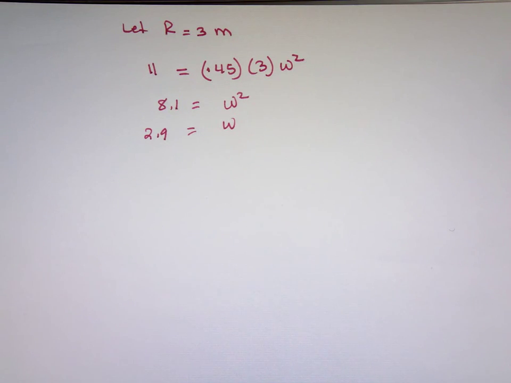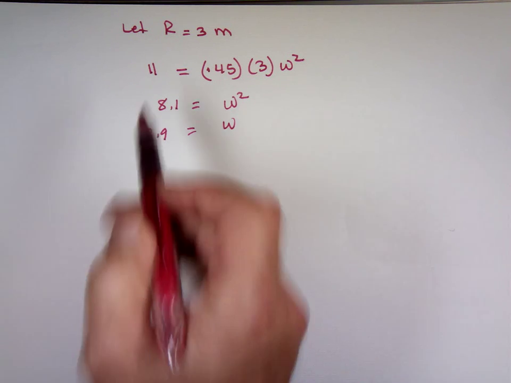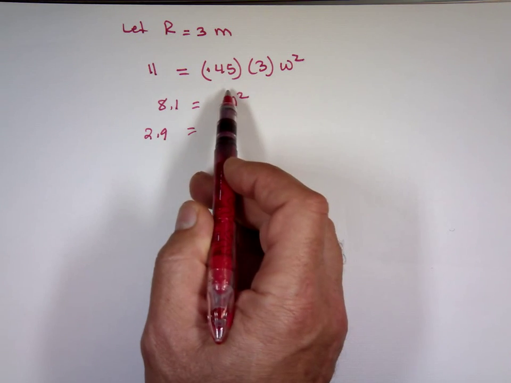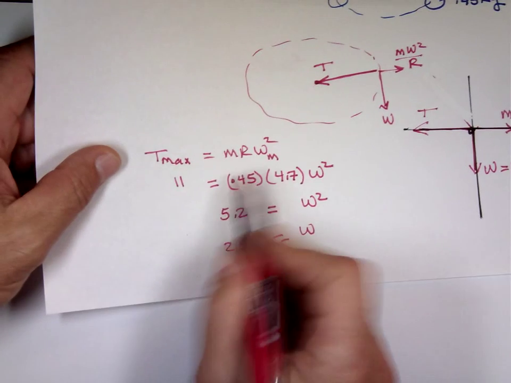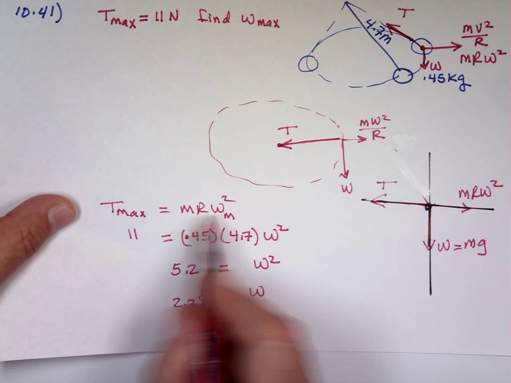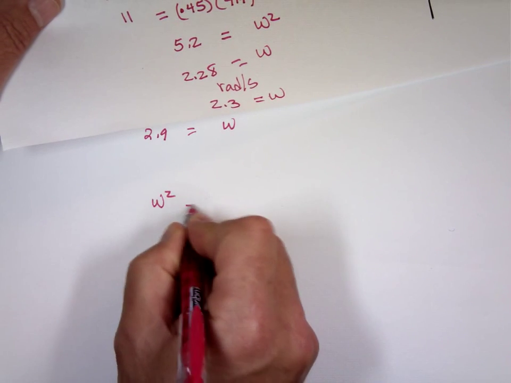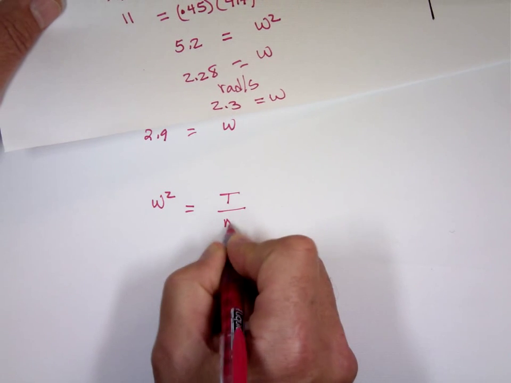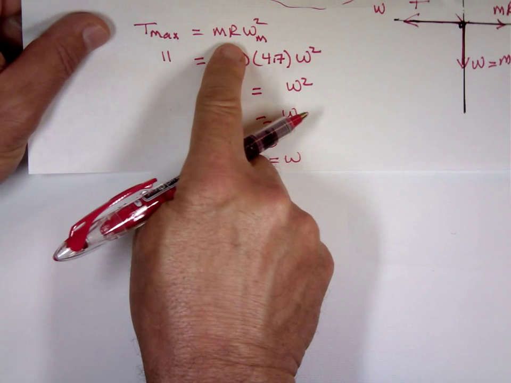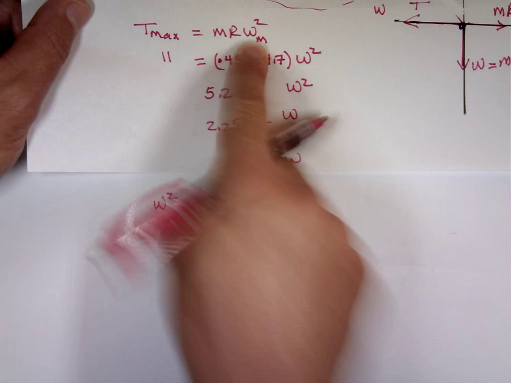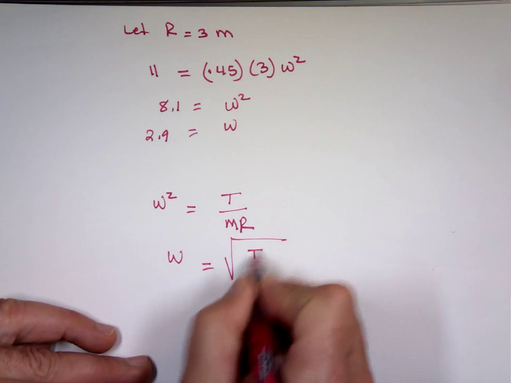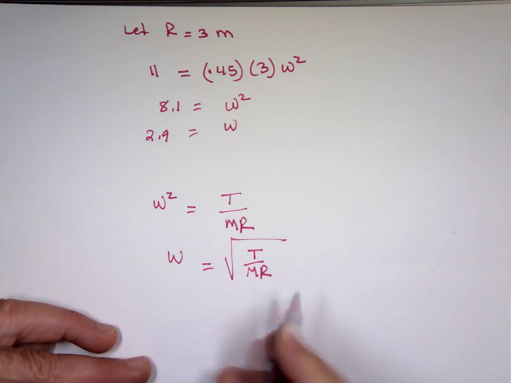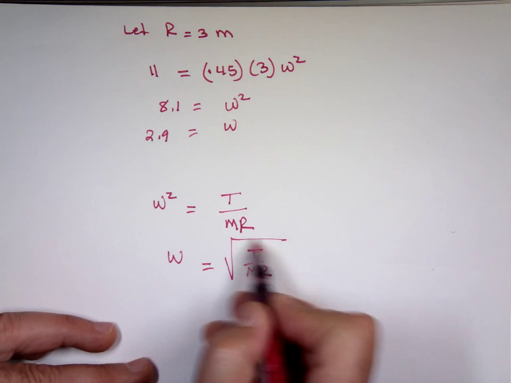The reason? Well, if you think about it, this has stayed the same. This one stayed the same. To get W squared, just mathematically from this equation, W squared is going to be T divided by MR, if you solve it for W squared, which means W is going to be the square root of T divided by MR. So as this number increases, what happens to this fraction?